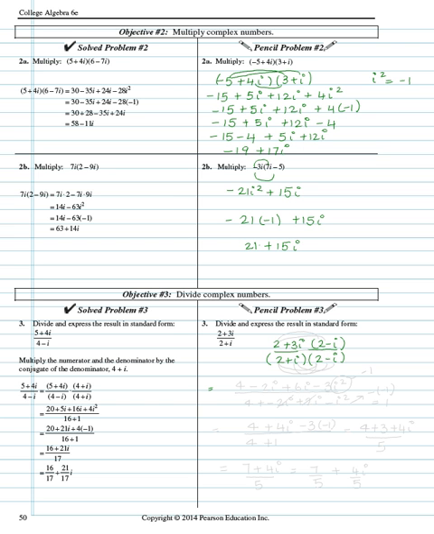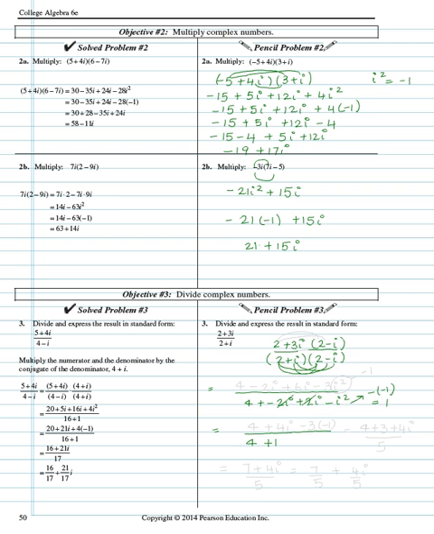I'm going to work the denominator first. 2 times 2, 4. 2 times -i is -2i. i times 2 is 2i. i times -i is -i squared. -i squared would simply be negative times -1, because i squared is -1, and that makes it a positive 1. So I have 4, and positive 2i and negative 2i cancel each other, plus 1.